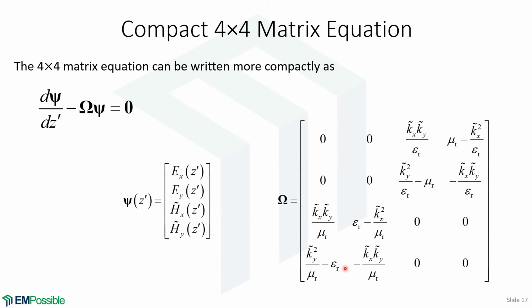Our 4 by 4 matrix, we'll call that omega. That lets us write our 4 by 4 matrix equation this way. That almost looks like a wave equation, but this is really important. That is not a wave equation because this is only a first order derivative. So this will have important consequences. That is not a wave equation, but it's still a differential equation, and we can still solve it for psi.